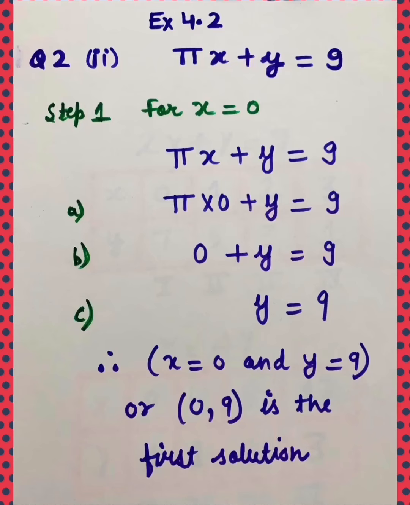Now children, part second is pi x plus y is equal to 9. We have to put different values of x in this equation to find different values of y. We can choose any value, children, it doesn't matter, you may choose any value. I am taking, in the first step, x equal to 0. So pi x plus y is equal to 9. Pi x means pi into x.